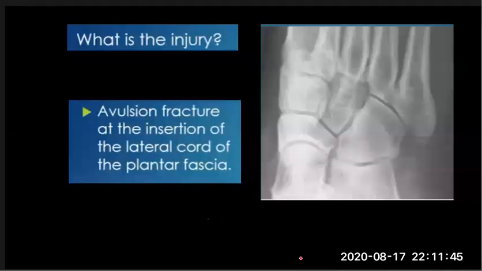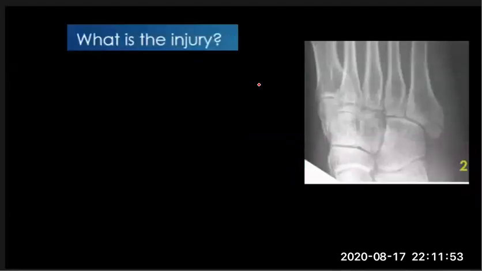Okay, what about this one? I gathered the three or four of them together for you. What is the type of injury here? Jones fracture. It is an avulsion fracture again.